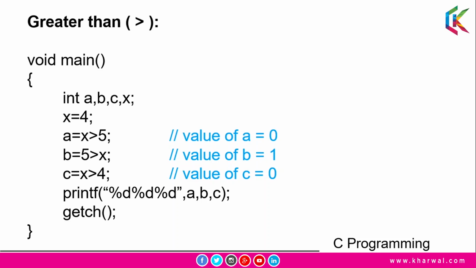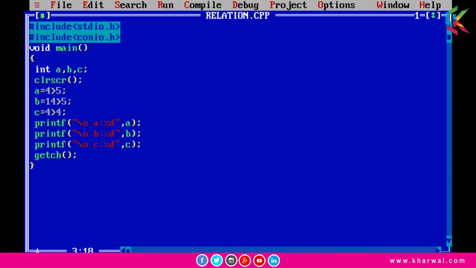So guys, let's go ahead and do some hands-on. Let me open up the Turbo C++ compiler. In this program we will learn about the greater than relational operator. We have declared 3 integer variables a, b and c to store the values of these expressions. In the first expression, this expression will be false, so the value of a will be 0.